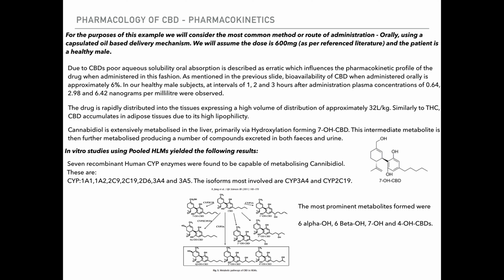That is the ring that has the long carbon chain attached to it. There is an OH group at the base of that ring, and some of the most prominent metabolites are 6-alpha-OH, 6-beta-OH, 7-OH and 4-OH, as I mentioned, and that's the OH they're referencing.